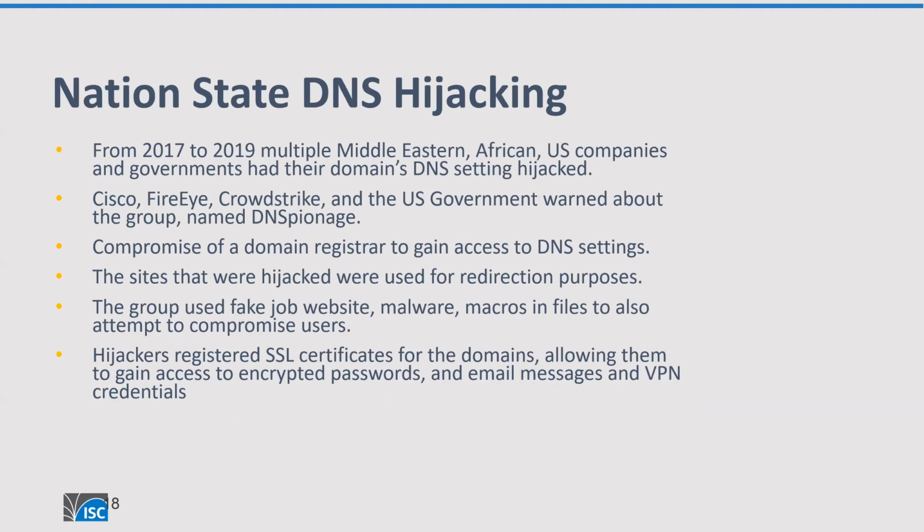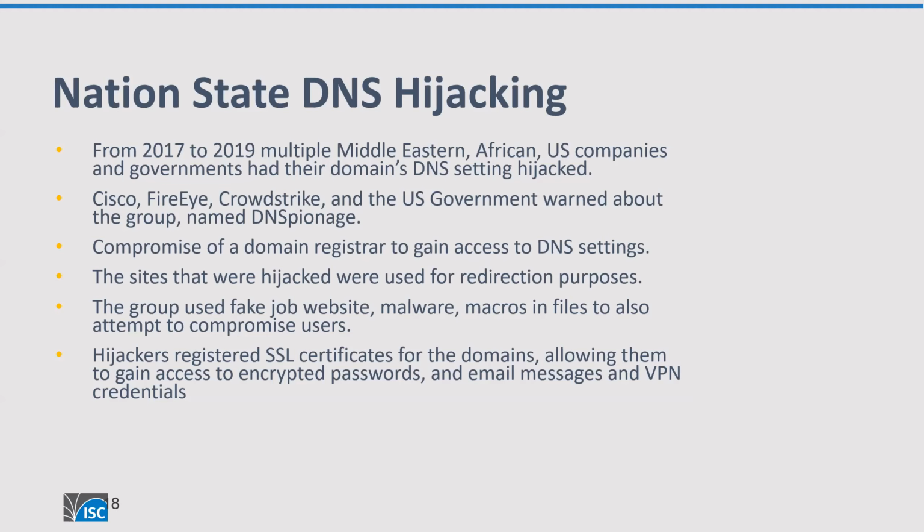Cisco, FireEye, CrowdStrike, and the U.S. government warned about this group that Talos, which is Cisco, called DNS espionage, which I love, how we come up with these names for groups in our industry.